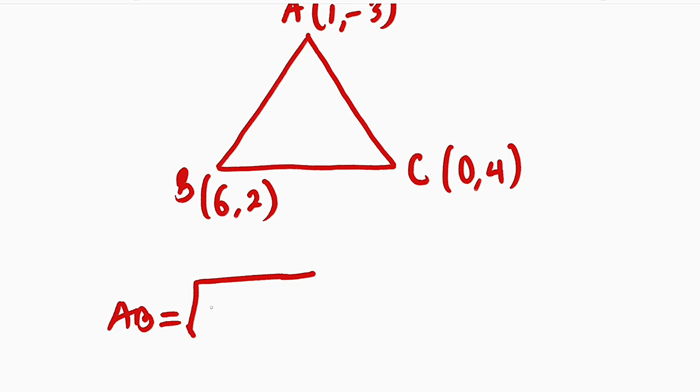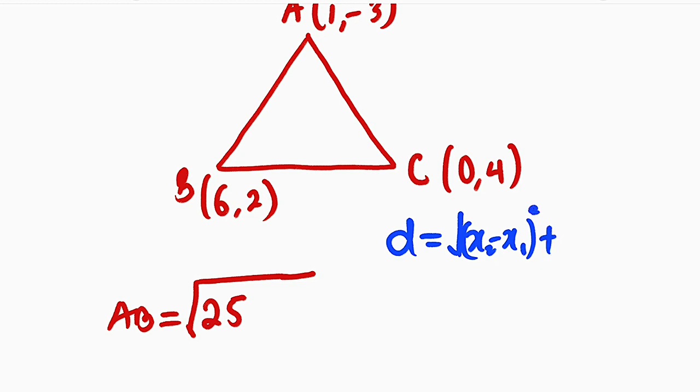Minus 5 squared is 25. I can write the formula for you: the distance d is equal to the square root of (x2 minus x1) whole squared plus (y2 minus y1) whole squared. So this is how to find the distance.